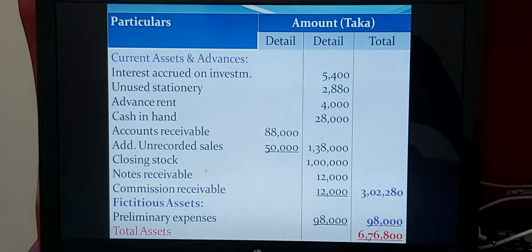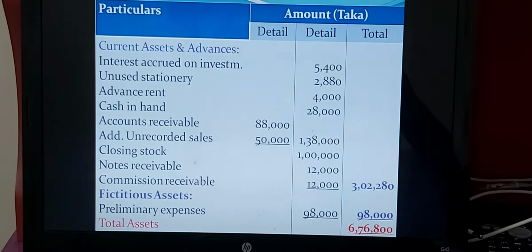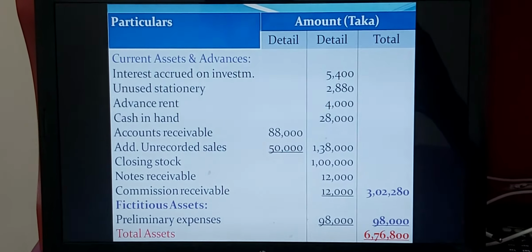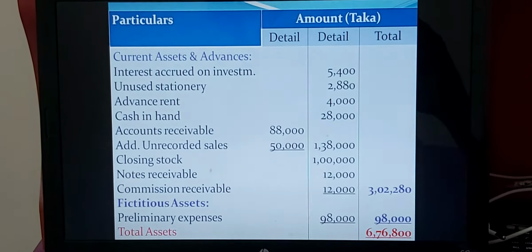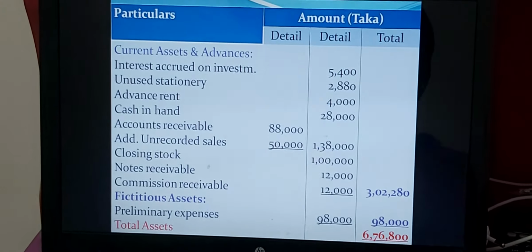So I have already added in account receivable item, unrecorded sales, taka 50,000. Total amount of account receivable in middle column 1,38,000. Another most important item, current assets closing stock.